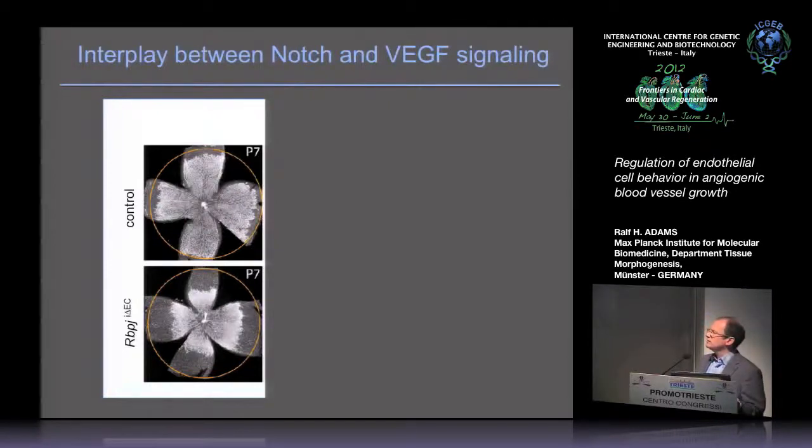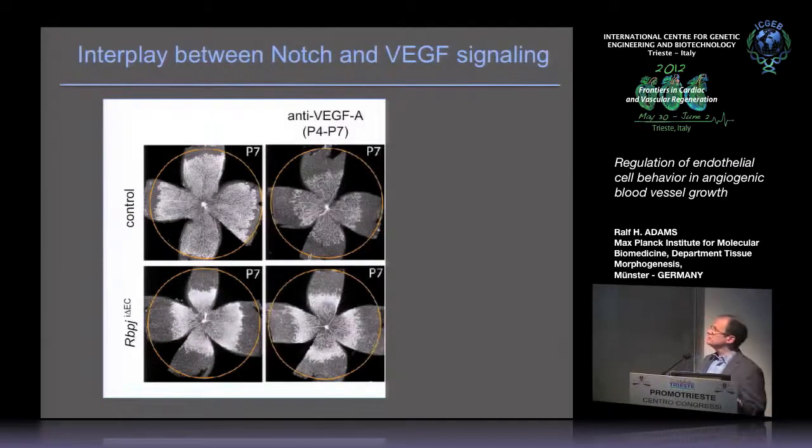And again, when we target RBPJ in the postnatal retina and postnatal endothelium, what you see is endothelial cell overproliferation, a very dense network sprouting, and also reduced outgrowth towards the periphery, which is also typical for delta and other mutants. So what we did was then to administer anti-VEGF blocking antibodies for 3 consecutive days to mice.